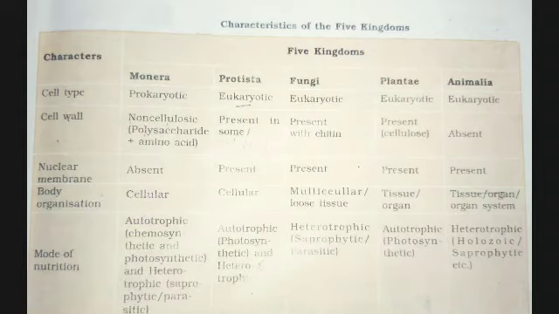Nuclear membrane is present because kingdom fungi has eukaryotic cell types, so obviously the nuclear membrane will be present. Body organization is multicellular, and some of the organisms of kingdom fungi have loose tissues also present.